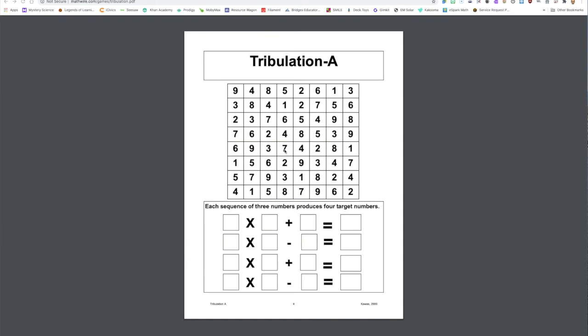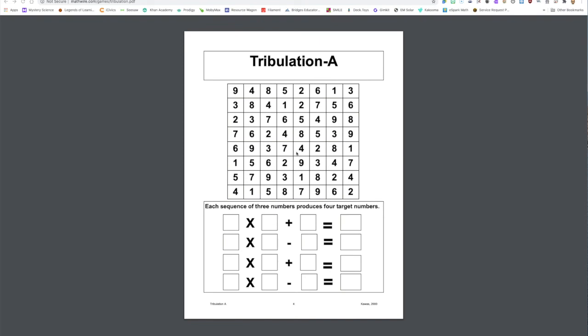I could go 7 times 4 is 28, plus 2 is 30. So those are just some examples of how to multiply the first two numbers together, and then add or subtract the third number to get your target number.